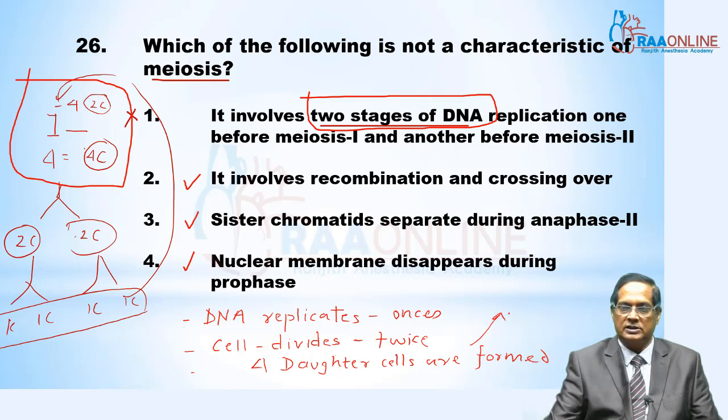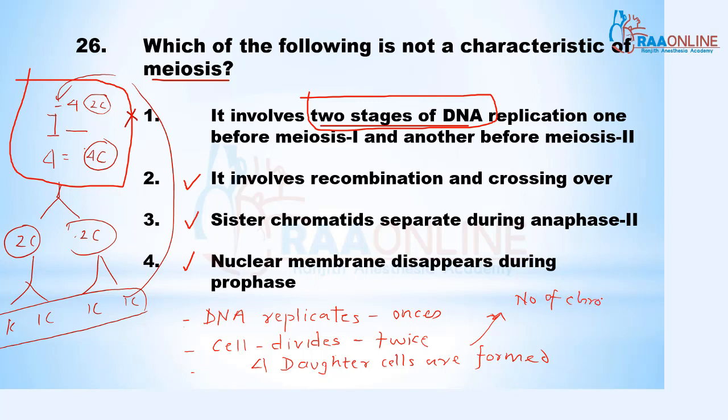In these daughter cells, the number of chromosomes is reduced to half. Suppose the cell has 4 chromosomes, then you will see 2 chromosomes in each daughter cell. These are some features of meiosis.